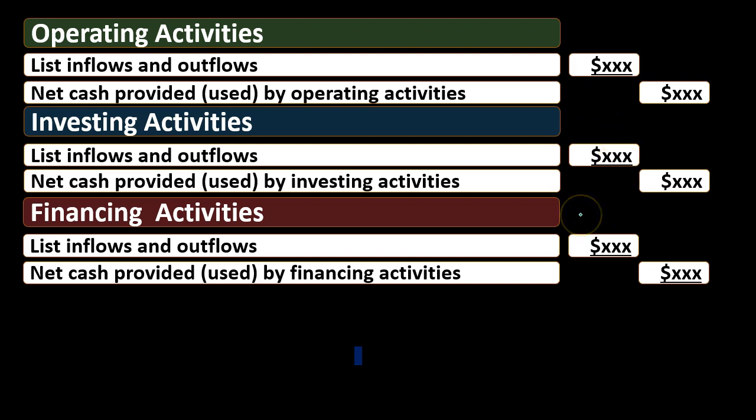Financing activities have to do with things that we're using to finance the company. We're trying to generate capital, money in the company that we can use to run the business, or we're paying back capital or money to run the business. So if we're taking out a loan, or issuing stock, or getting money from investors, or paying back a loan, or paying back the investors with dividends or draws.